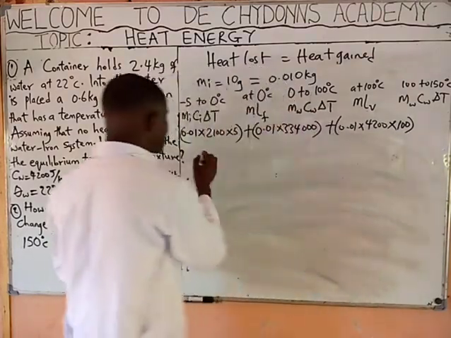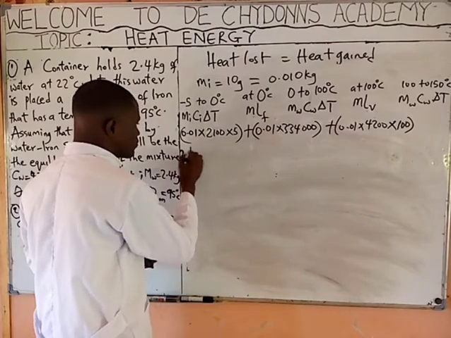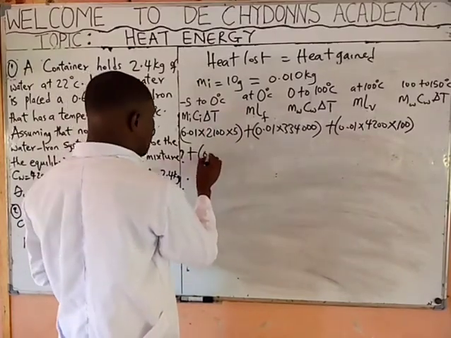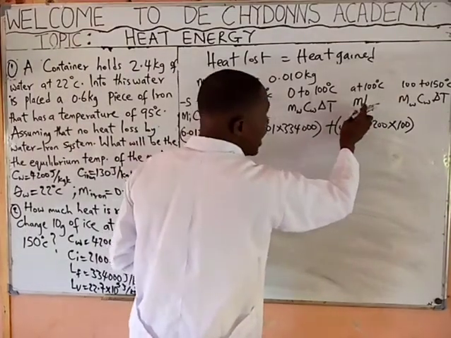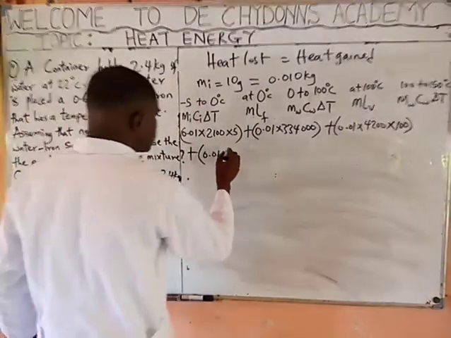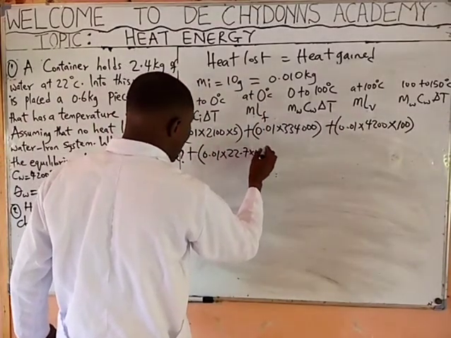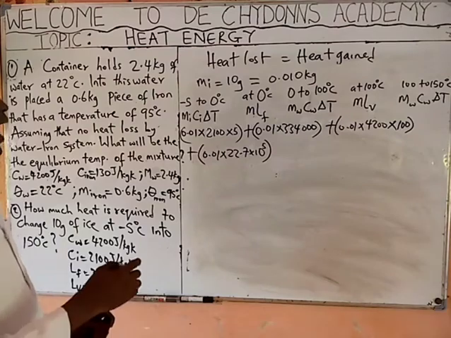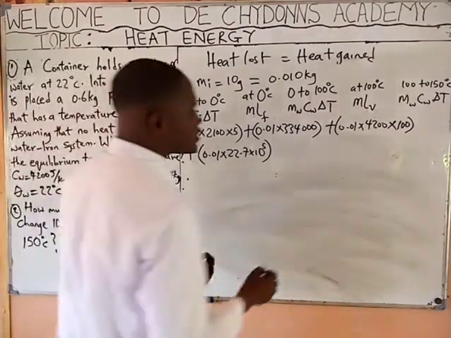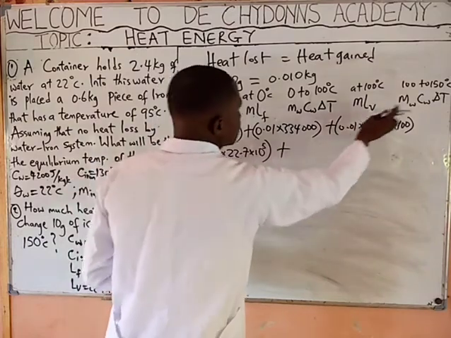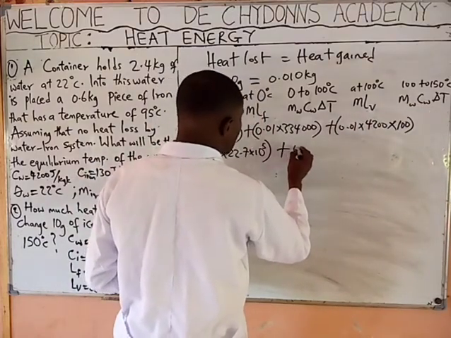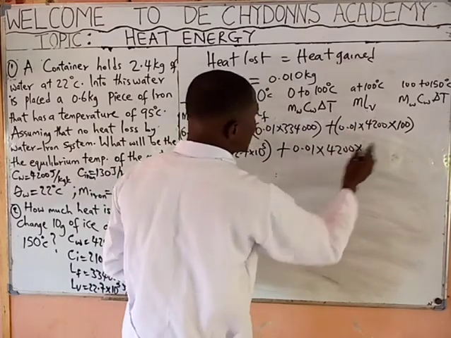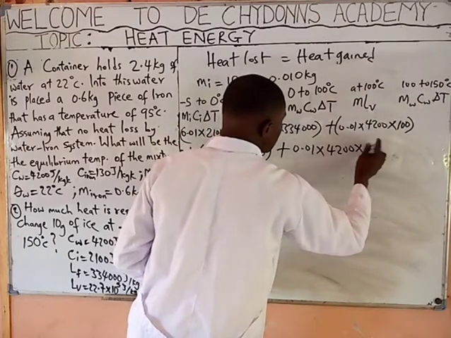Then we also say plus, at 100 degrees Celsius, mass of the water is 0.01 times latent heat of vaporization, which is 22.7 times 10 raised to the power of 5. Then plus this one, mass of the water is 0.01 times specific capacity of water, 4200, times change in temperature, 150 minus 100, 50.